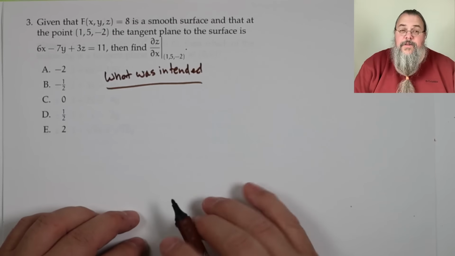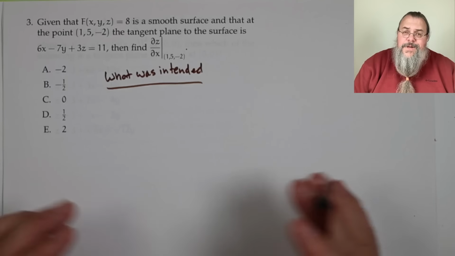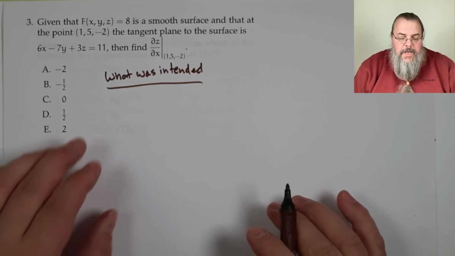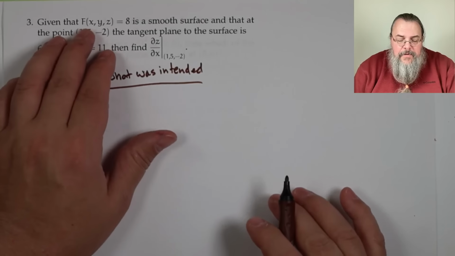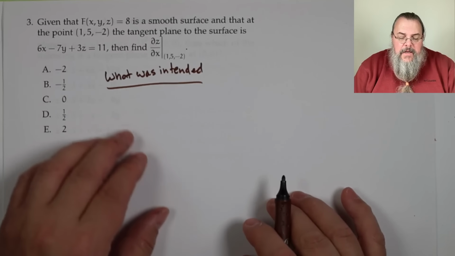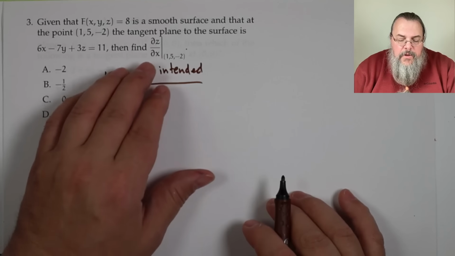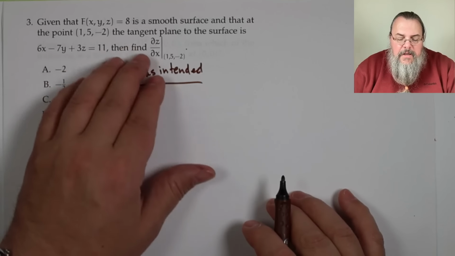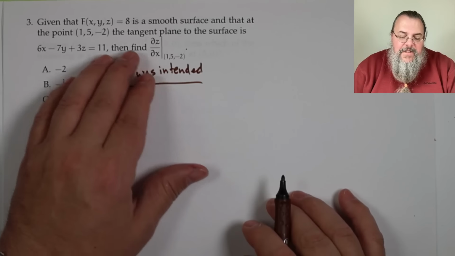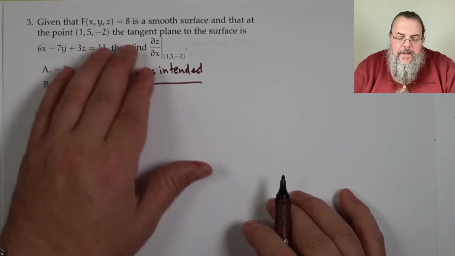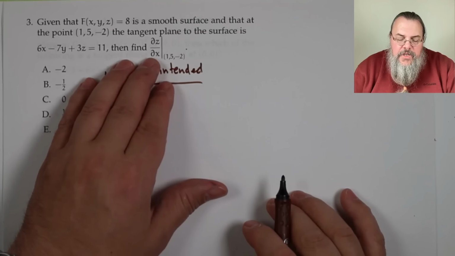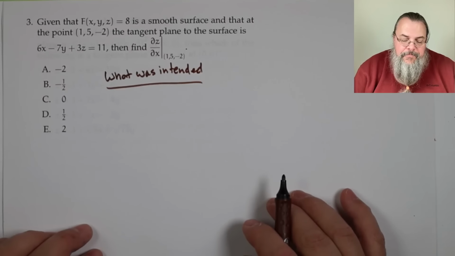So here's what we do. We say, well, what's going on? We have the case f of x, y, z equals a. And notice that this is like an implicit function. It defines z as a function of x and y implicitly.